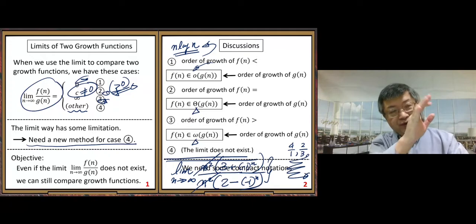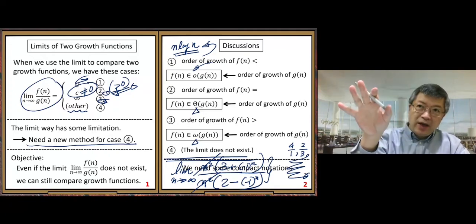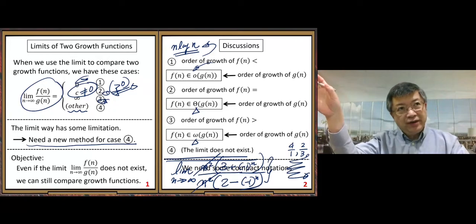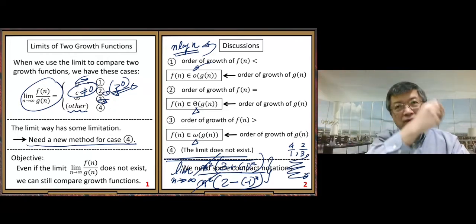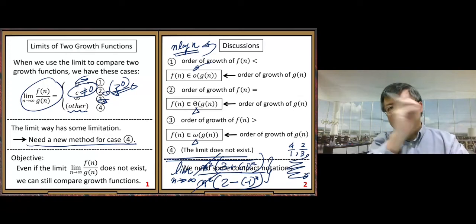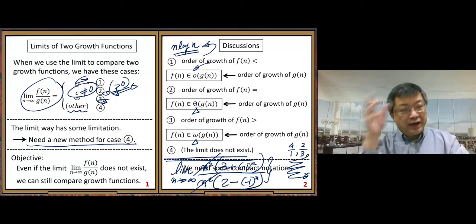So do not get confused. Little o, limit equals 0. Little omega, the limit equals infinity. Big theta, same order, the limit equals a non-zero positive constant. That's one of the two cases. There is another case we will discuss in the next slide.